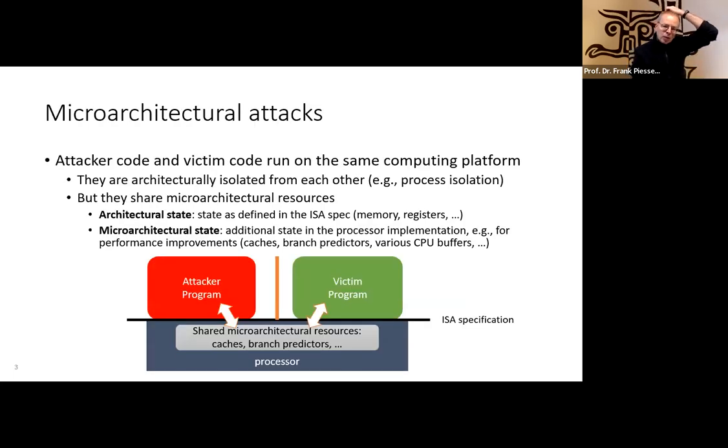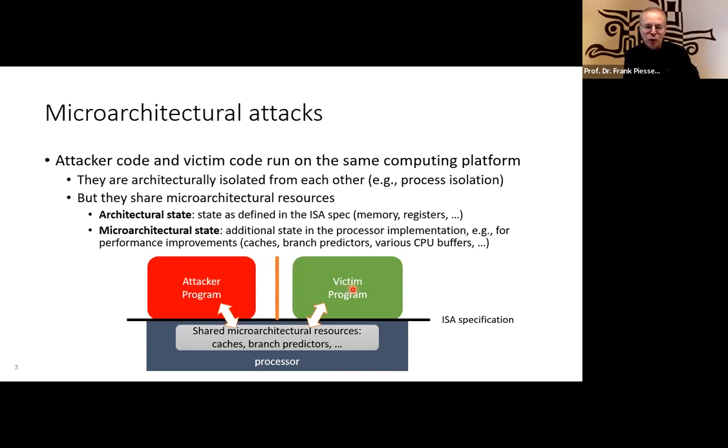On the slide here, you see a very high level system model of the kind of systems that we will consider in this talk. What you see here is some kind of computation platform, a processor, maybe with some system software on top of it. And that processor is used to run code from multiple stakeholders. Some of these might be victims, some of these might be attackers.